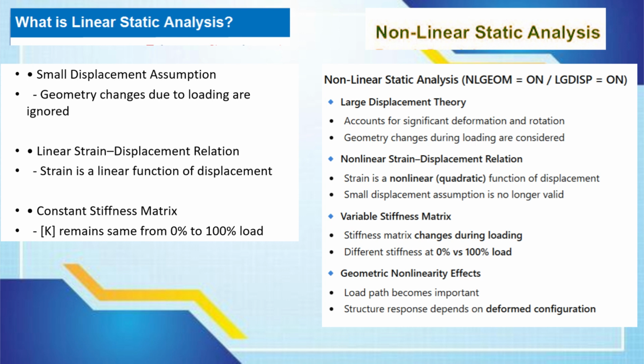That means the stiffness of this bar can change at 50% of load or anywhere in between. And the geometry changes are also included in the solution. That means while calculating the stress, the solver will take care of the geometry changes.